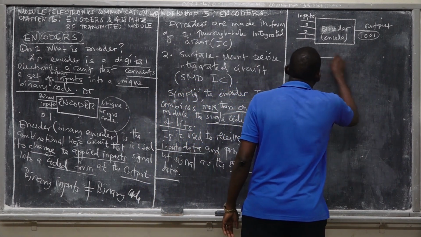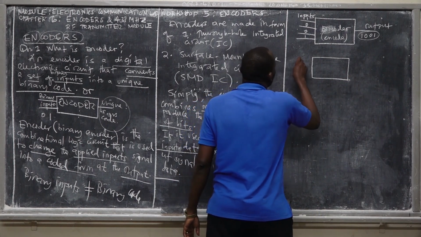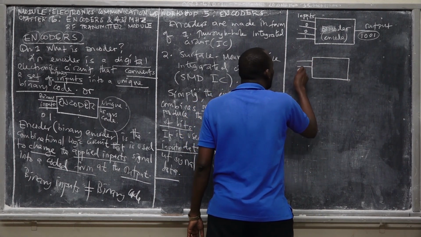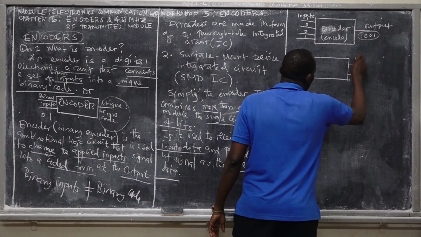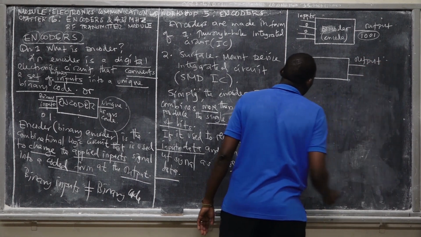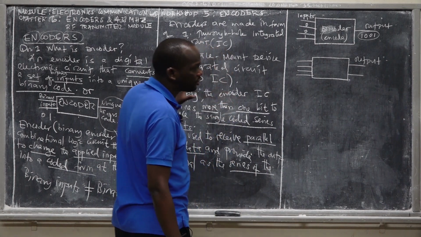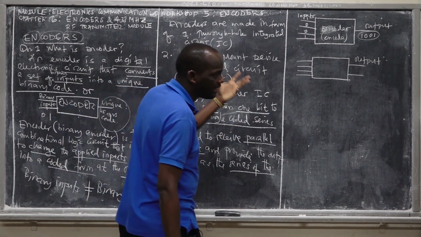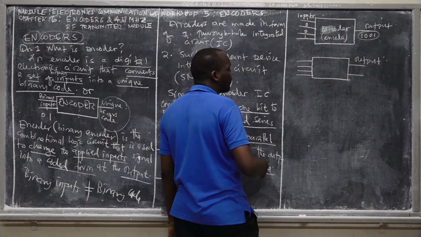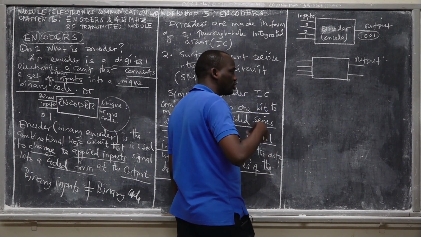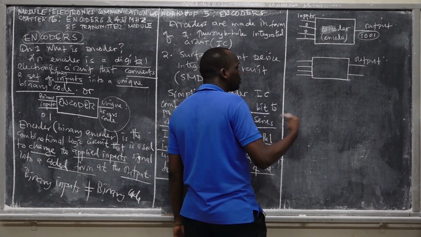Sometimes we may have, because I will show you the principle or the mathematical formula used for the encoder, an encoder which has 4 inputs, let's say, and then you have 2 outputs. So what is happening in this case? These 4 inputs will be interconnected with the sources of the binary inputs, which might be a digital sensor, or maybe different microphones or whatever, different sources of information, such as voice signal, but in between there should also be an analog to digital converter.